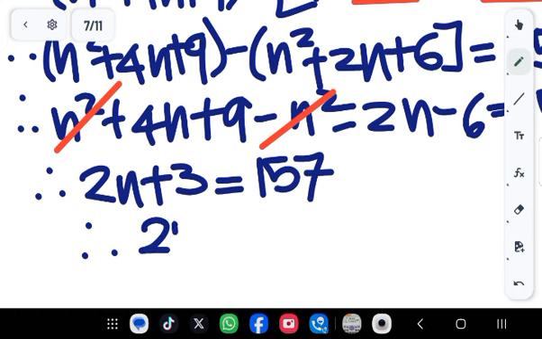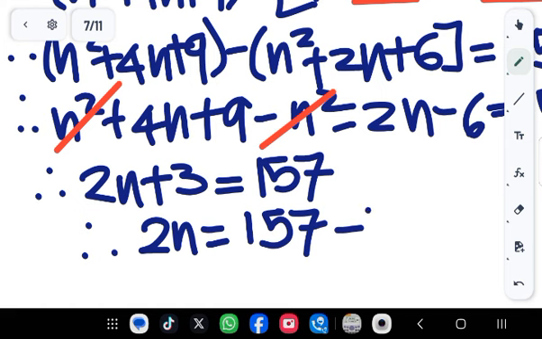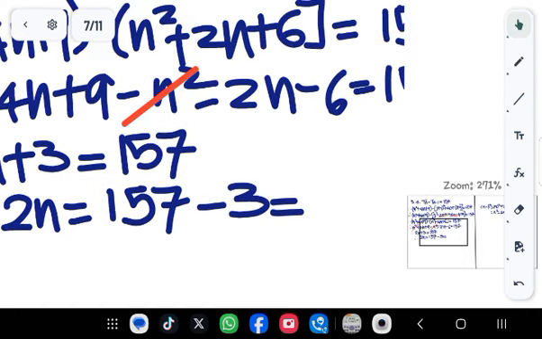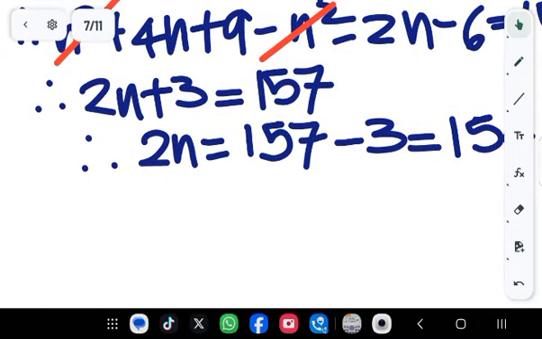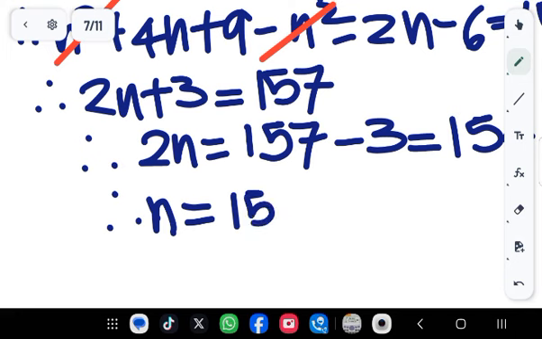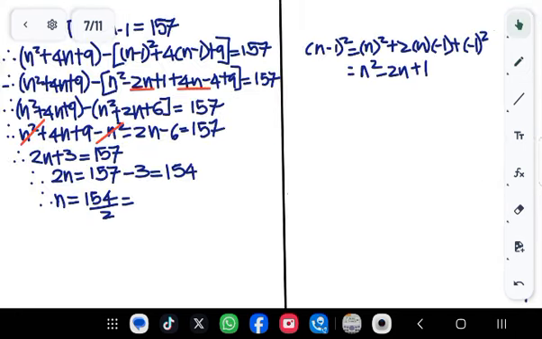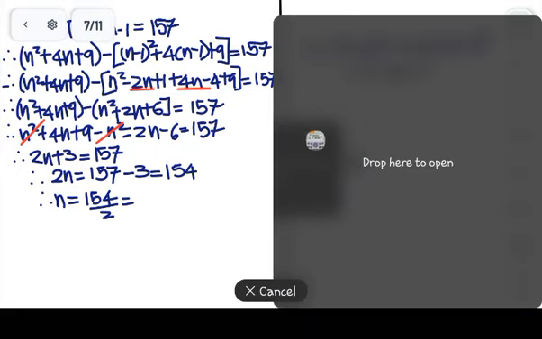Now take the 3 to the right hand side. You're left with 157 minus 3, which gives us 154. Now what you do is you divide both sides by 2 to solve for n. Let's take out the calculator.